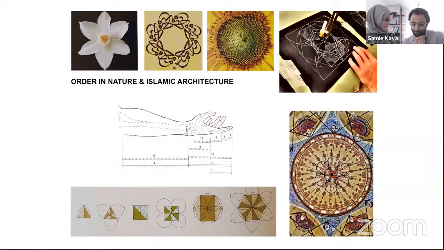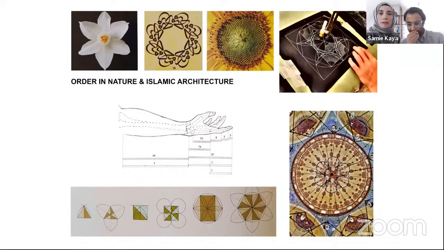Basically, simply, we are inspired by nature when we design. In the mosque you see geometric patterns, paintings. Actually, the inspiration is coming from nature, and obviously everything in nature is created by God. So our inspiration is coming from that.